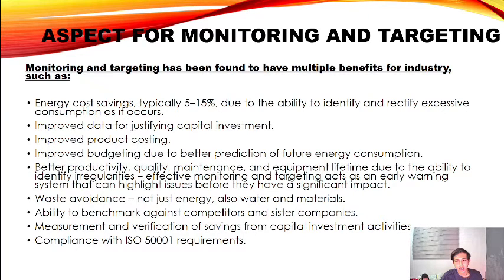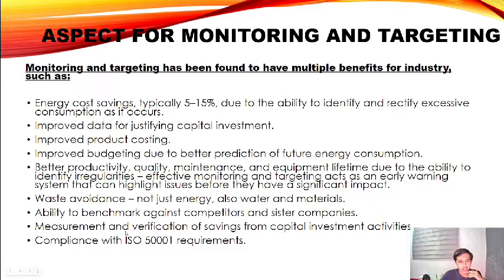Effective monitoring and targeting acts as an early warning system that can highlight issues before they have a significant impact. Waste avoidance, not just energy, also water and material. Ability to benchmark against competitors and sister companies.